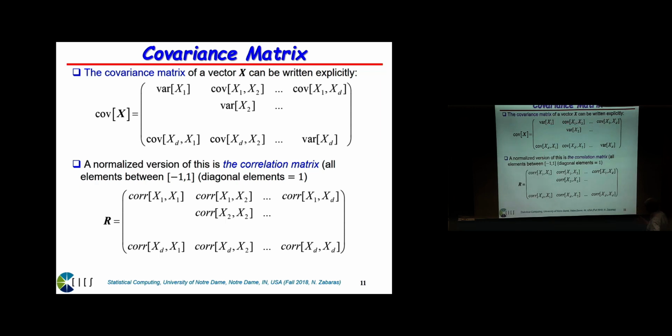So you transform everything to correlation coefficients. And I remind you that the correlation coefficient of two variables, x and y, is the covariance divided by sigma x times sigma y. Okay? The nice thing with the correlation matrix is that all elements in that matrix are between -1 and 1.